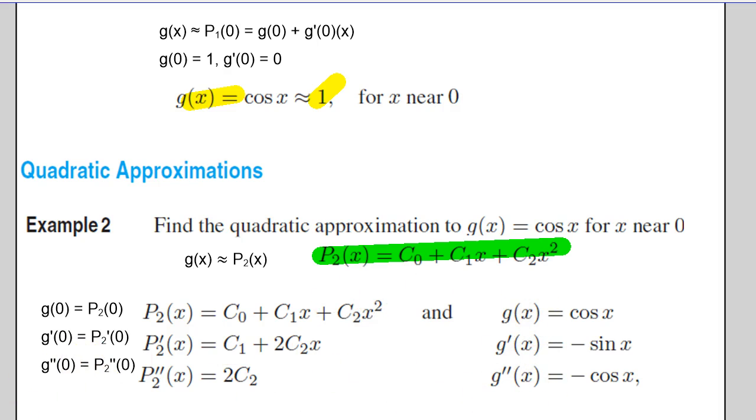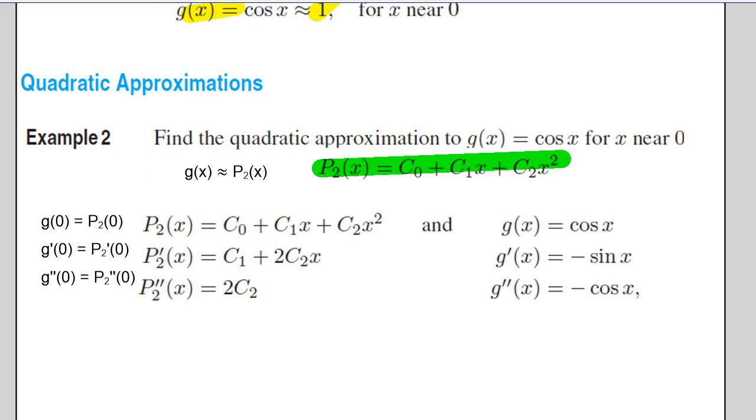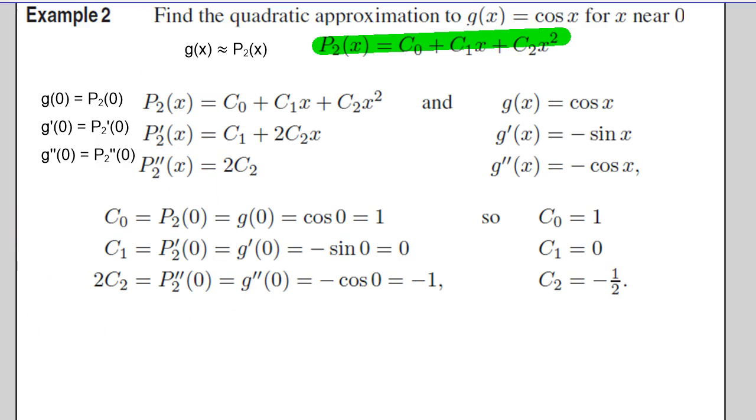Okay? Well, if that's the case, then we have a lovely linear system of equations that we can solve. In the interest of time, we're not going to go through and solve for each of the coefficients, but using these two pieces of information, we end up determining that C0 is 1, C1 is 0, and C2 is negative 1/2.